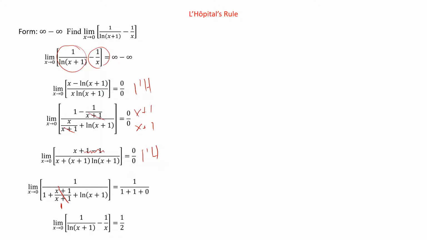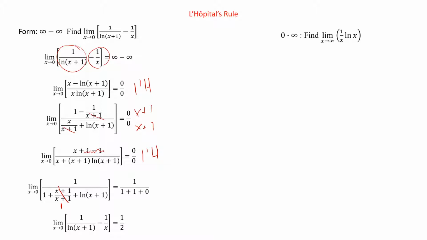We get 1 over 1 plus 0, which is 1/2, which means this original expression has a limit that equals 1/2. So we ended up using L'Hopital's rule twice after forcing it into one of the proper indeterminates.